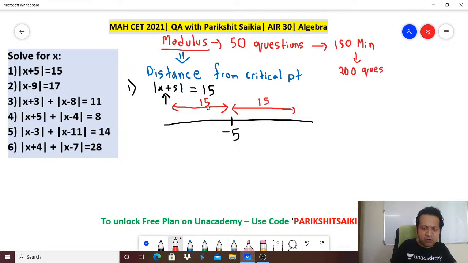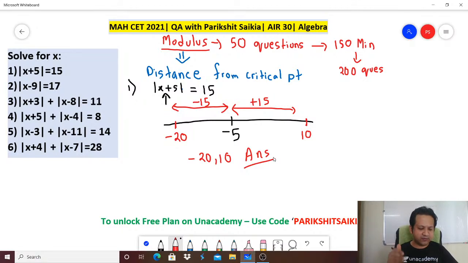So on the right, it will be plus 15, and on the left, it will be minus 15. Minus 5 plus 15 is how much? Plus 10. Similarly, minus 5 minus 15 is how much? Minus 20. So your answers are minus 20 and 10. That's your answer for the first one.